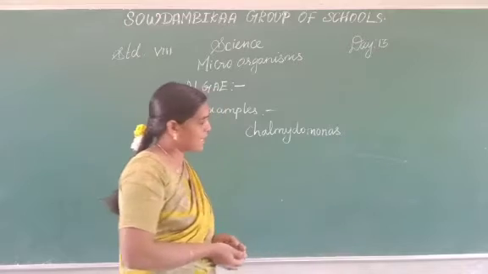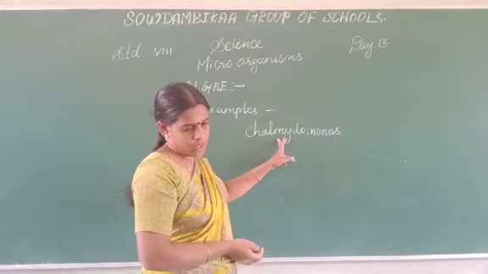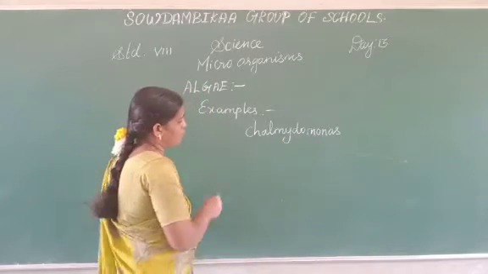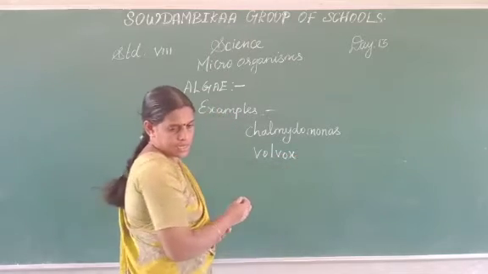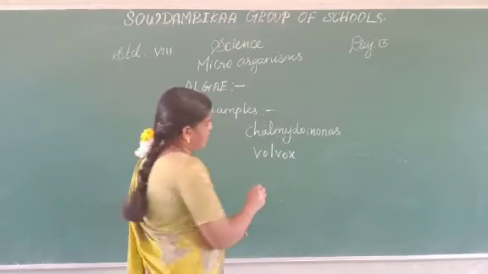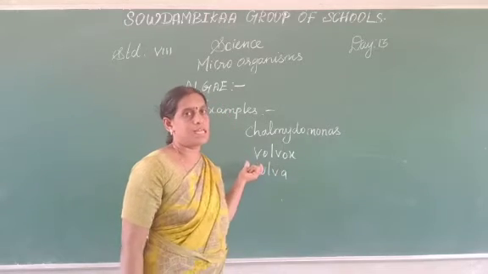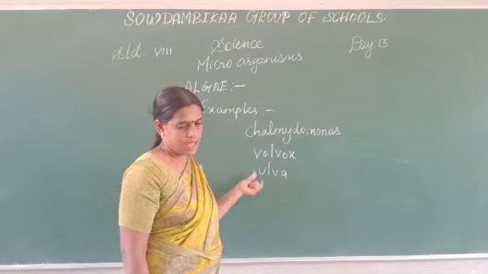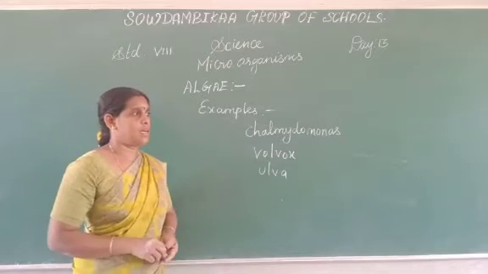What does Chlamydomonas mean? Chlamydomonas, Volvox. The next one is Ulva. These are the examples of algae: Chlamydomonas, Volvox and Ulva. And what is the size of the algae?